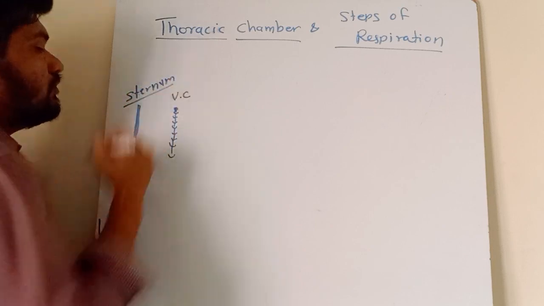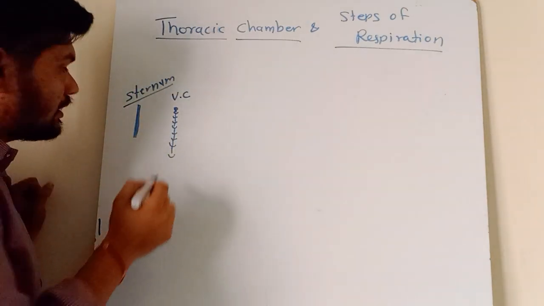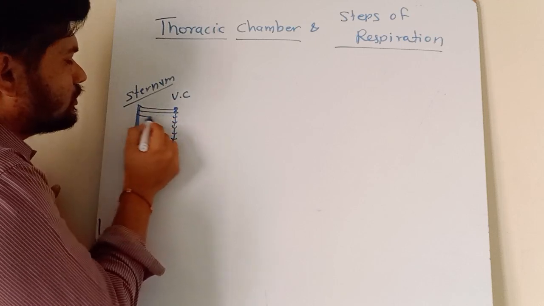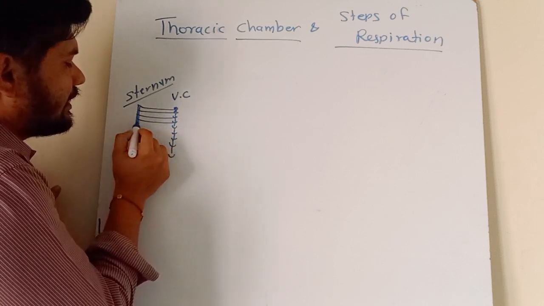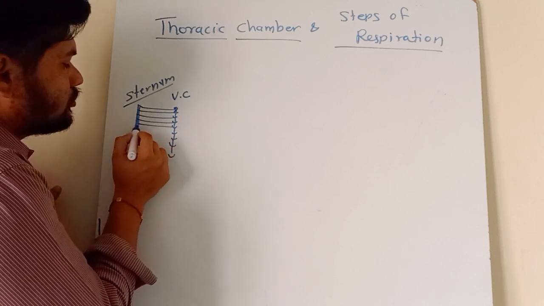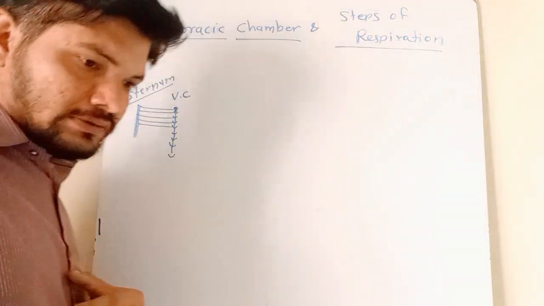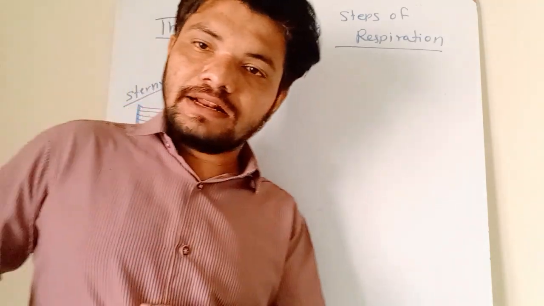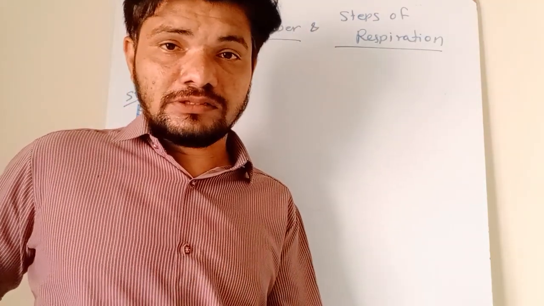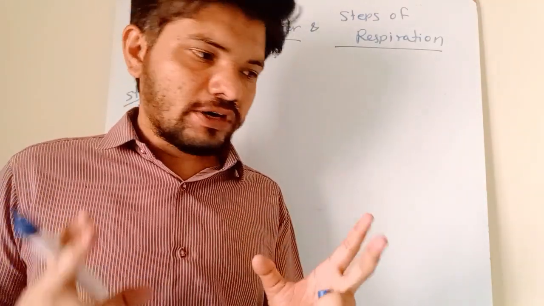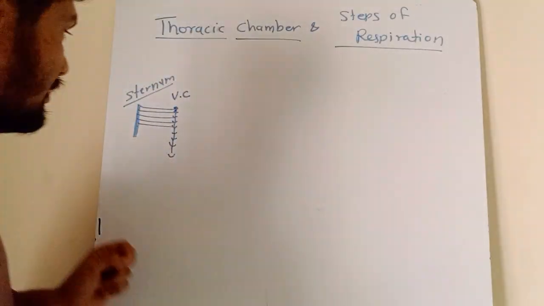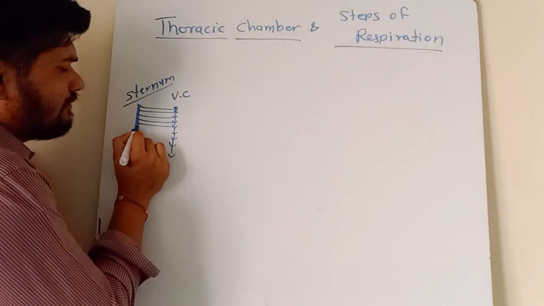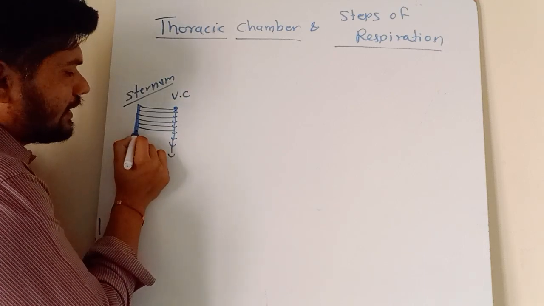And if you carefully look at the lateral side, you will find these ribs. We have studied in the skeleton chapter that your thoracic chamber has laterally present bones called ribs. So 12 pairs of ribs, 24 ribs, are present in this region, in which seven ribs are true ribs, right?